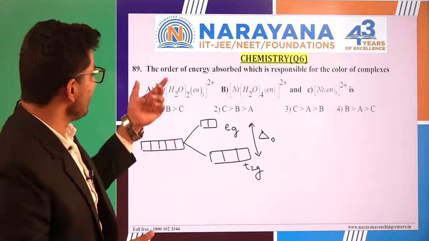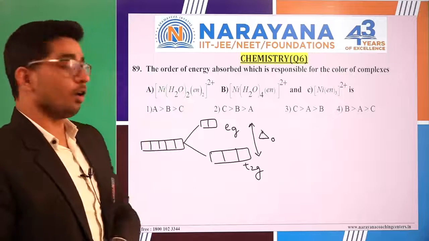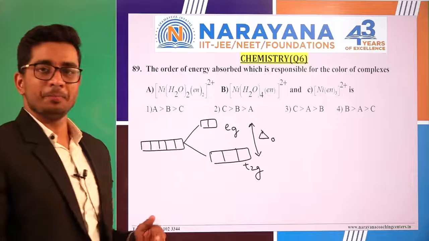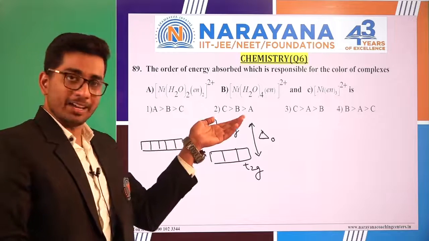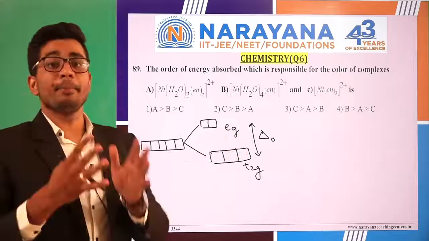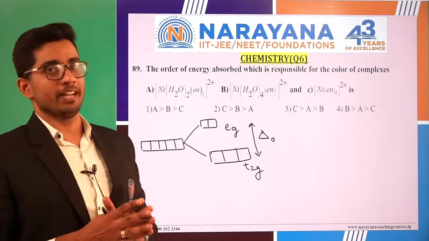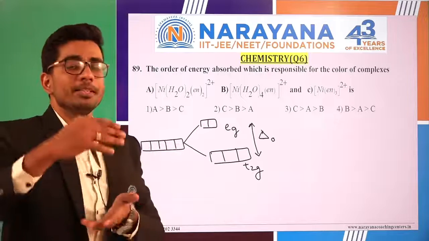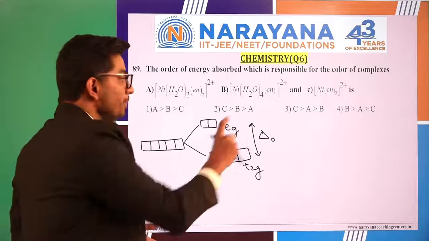So here we can see the order of energy absorbed. So suppose when the electron is in the T2G orbital, it will be jumping to that, and this splitting depends on the type of ligand that we have. The stronger the ligand, the more will be the splitting, and larger will be the gap.